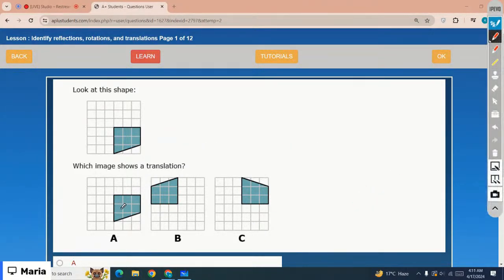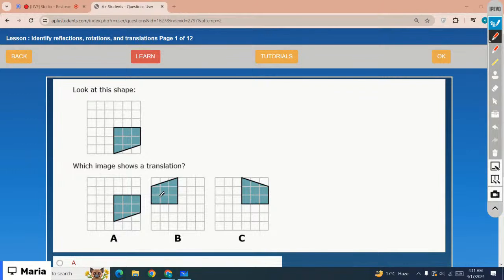A is the translation. B is the rotation, C is the reflection, A is the translation.